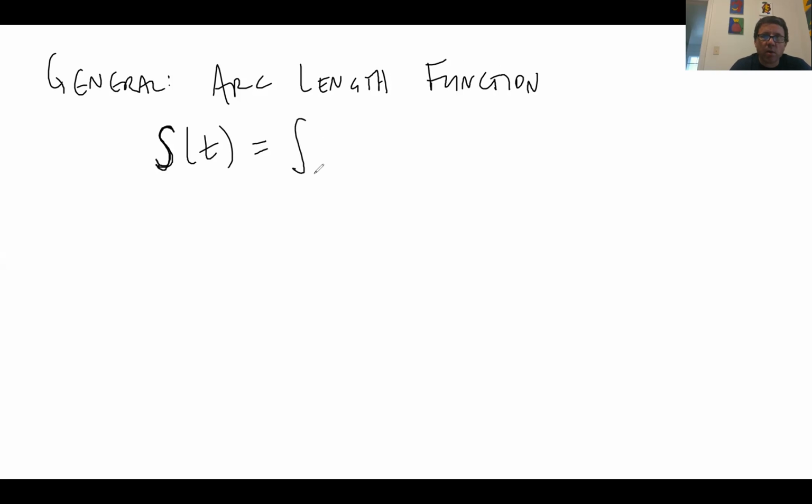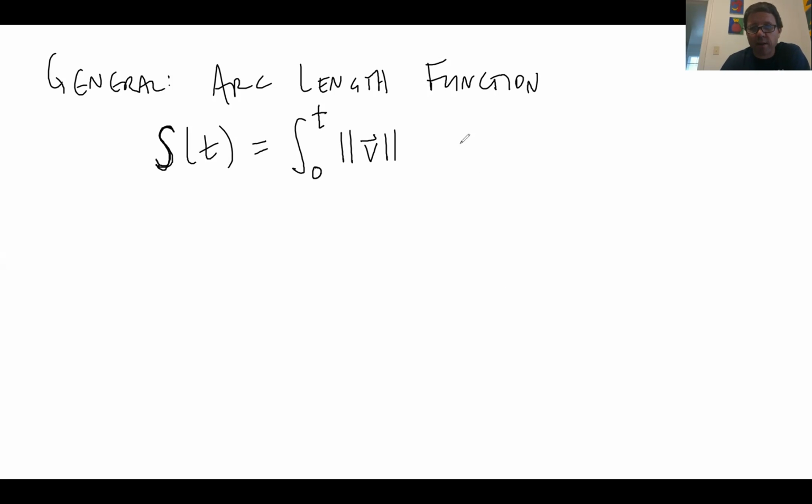It is the integral, and now you can think about it like this: from 0, or whatever the starting point is, typically 0, and in this case it is 0, up to t, we put the t in the bound, and then we take the length of v and we integrate it. That's sort of the shorthand version of all of this.